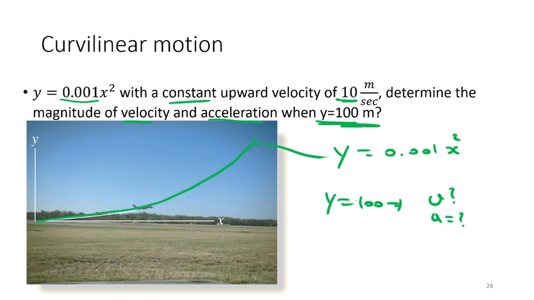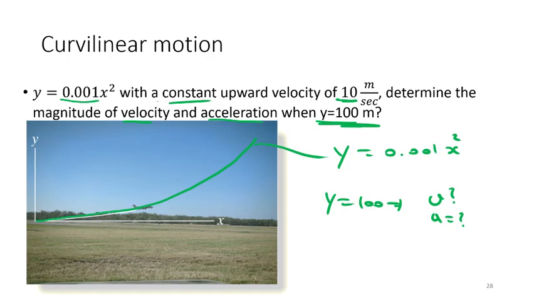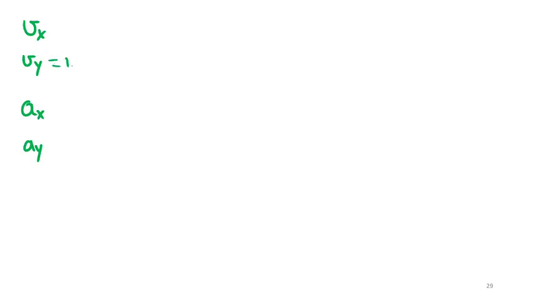Let's solve it. Firstly, we will start with v. We said that v has two components, the x component and the y component. Similarly, the acceleration will have an x component and a y component. The y component of v is given as a constant.